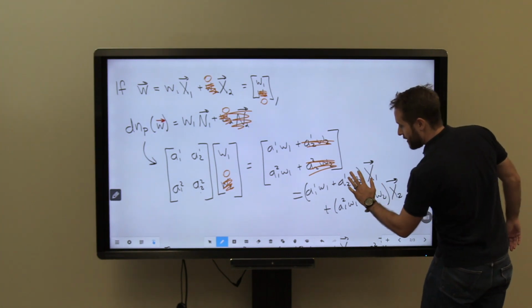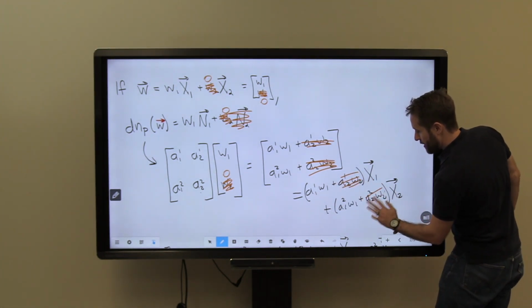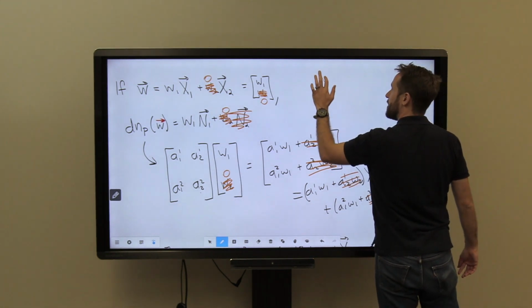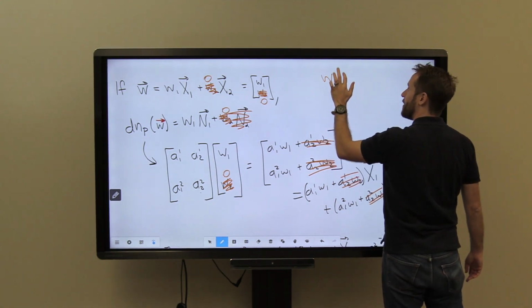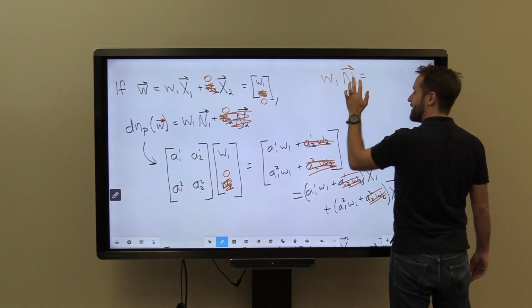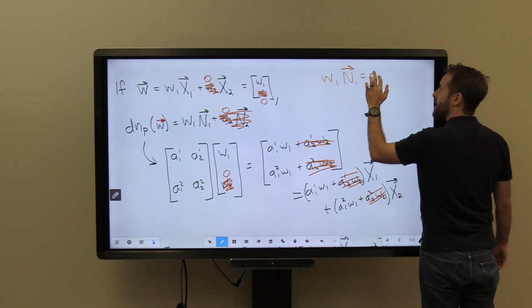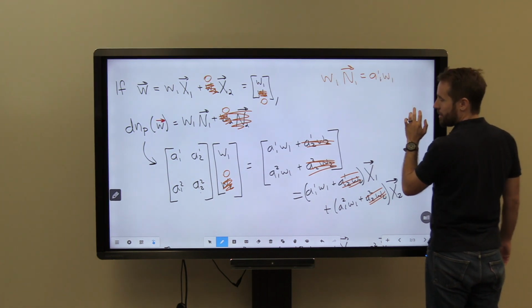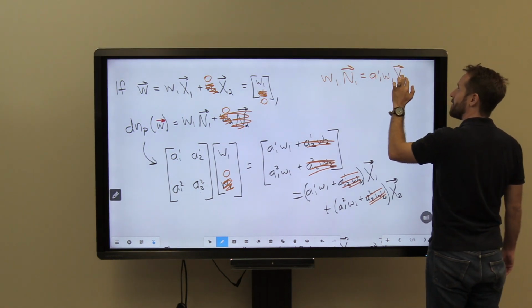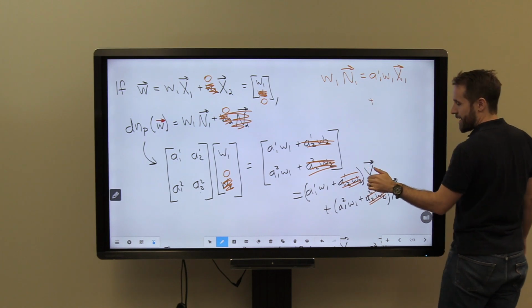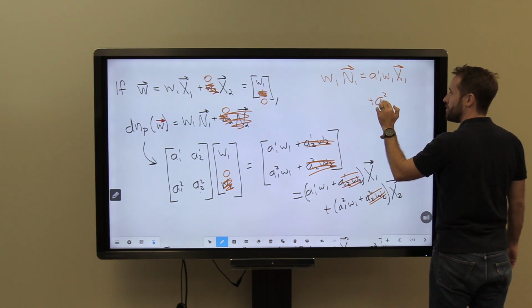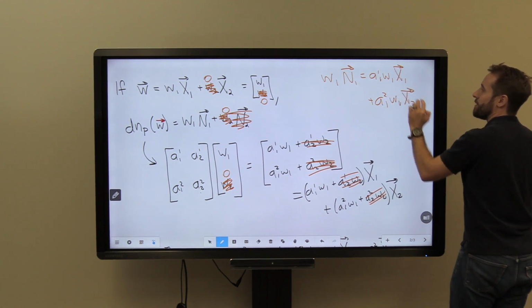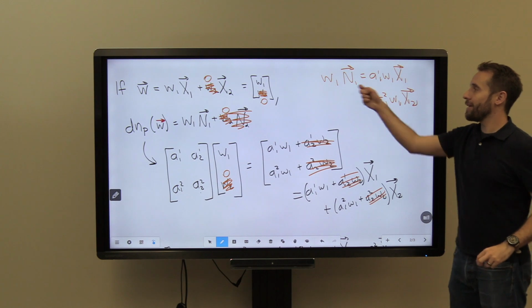This term is gone, this term is gone, and I get the equation that says w1 n1 is equal to a11 w1 x1 plus a21 w1 x2. So we get this expression for our n1.